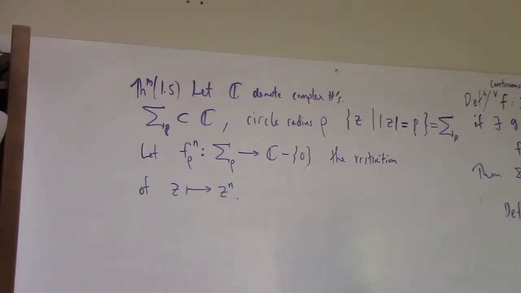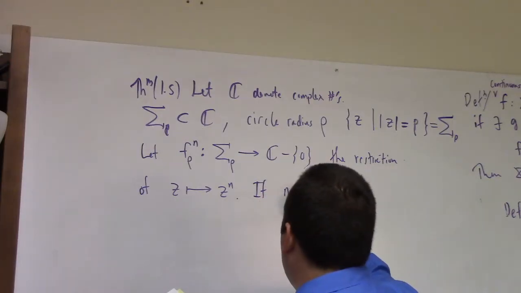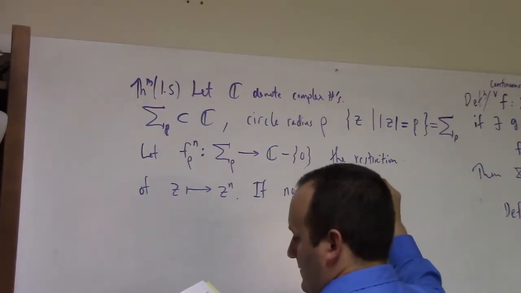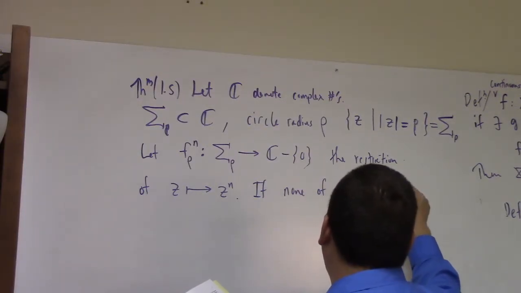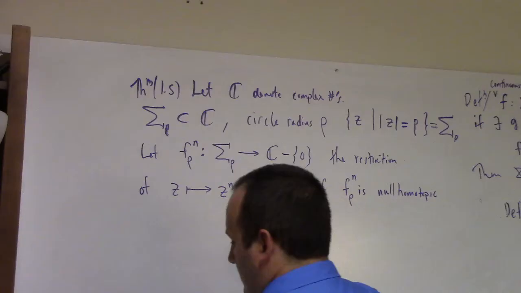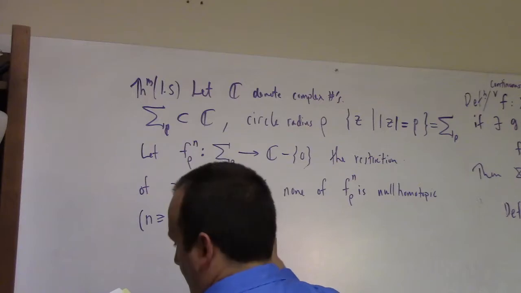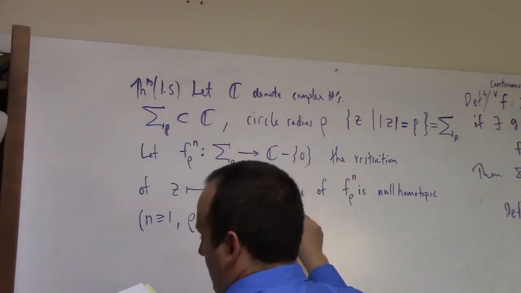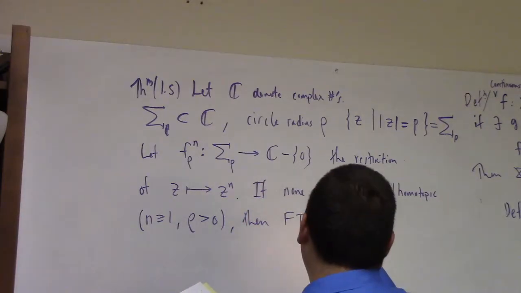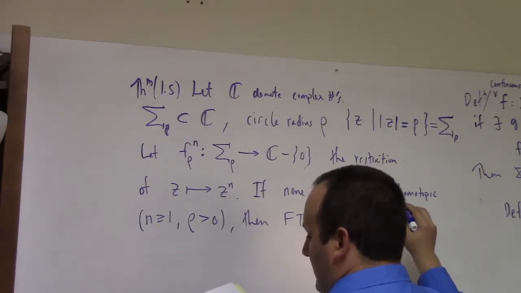That's just set up. Then here's the punchline. If none of the maps f rho to the n is null homotopic, n greater than or equal to 1, rho positive, then the fundamental theorem of algebra is true. Fundamental theorem of algebra being that every non-constant complex polynomial has a complex root.